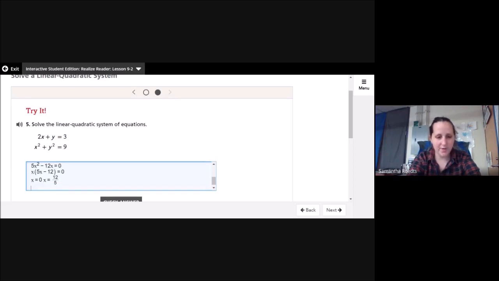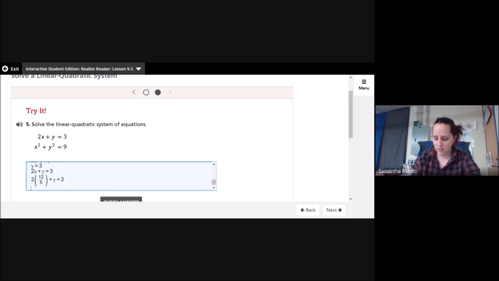So I substitute those values back in to the 2x plus y equals 3. So for x equals 0, 2 times 0 plus y equals 3, so y equals 3. And then for 2x plus y equals 3, where x equals 12 fifths, 2 times 12 fifths plus y equals 3.